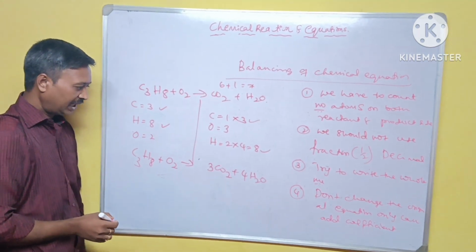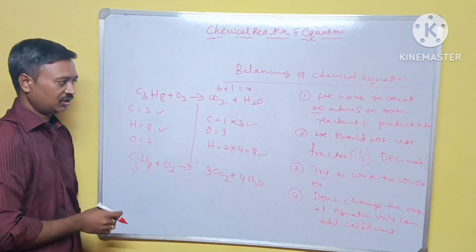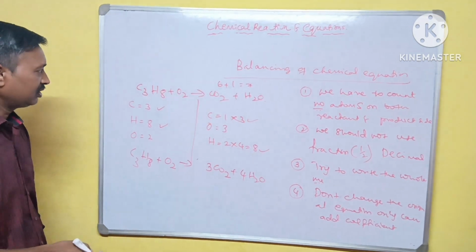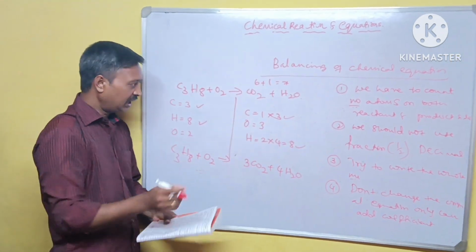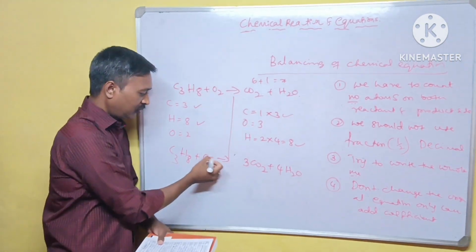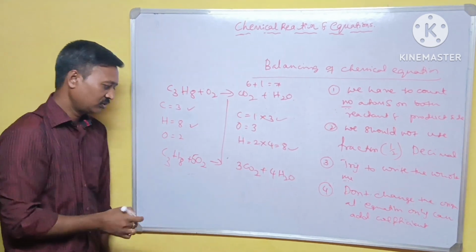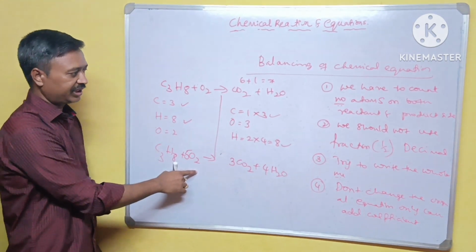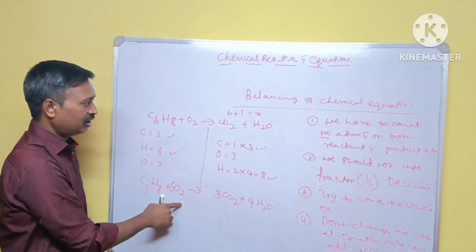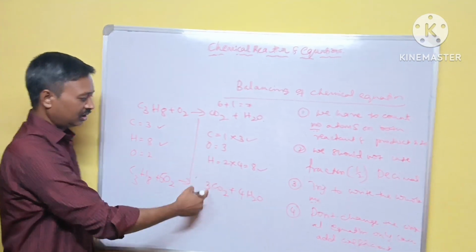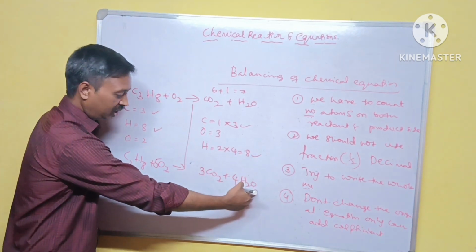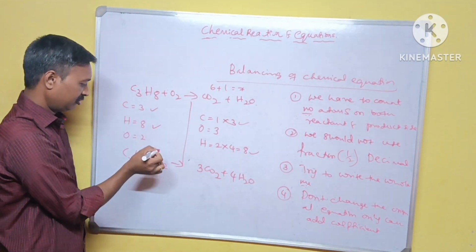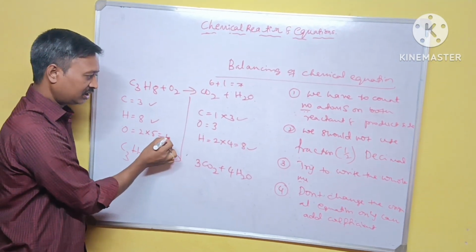Now we need to balance oxygen. Correct? We need to balance oxygen, right? 5O2. 5 2s are 10. Look here, already 6 oxygen plus 4 oxygen becomes 10. 5 2s are 10.